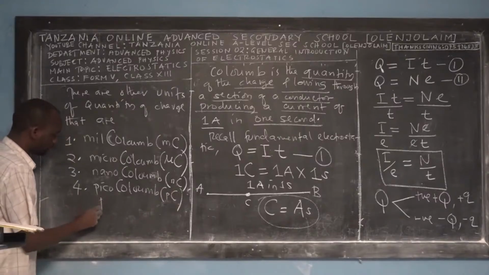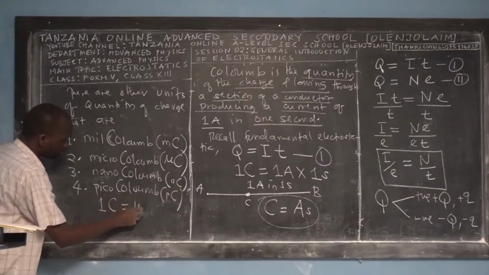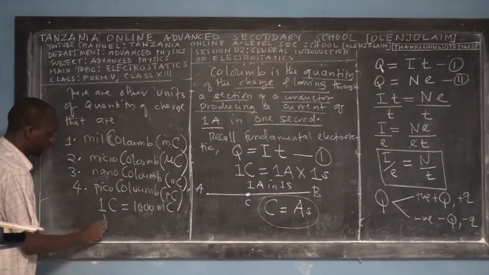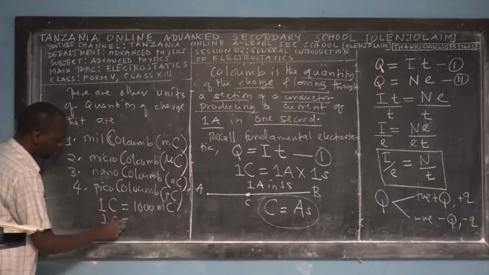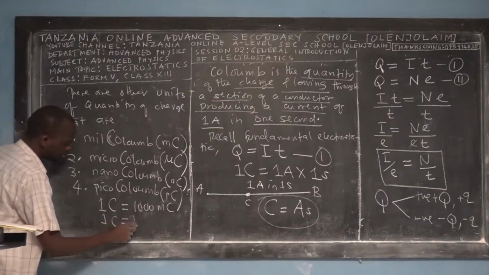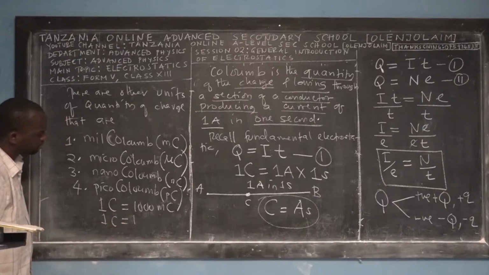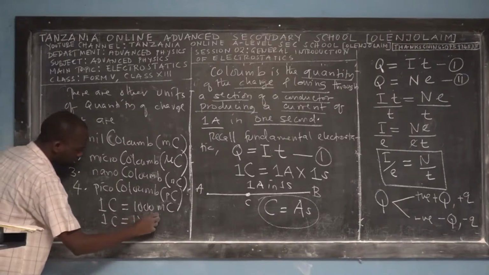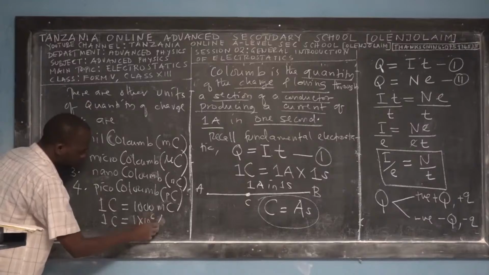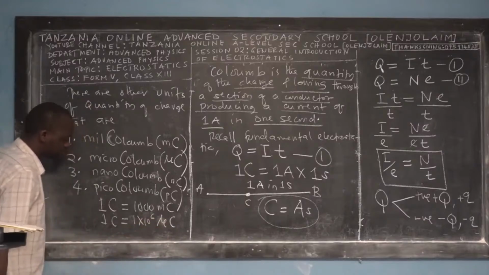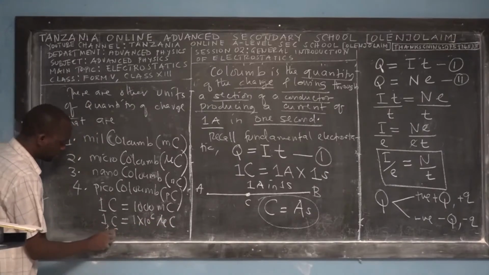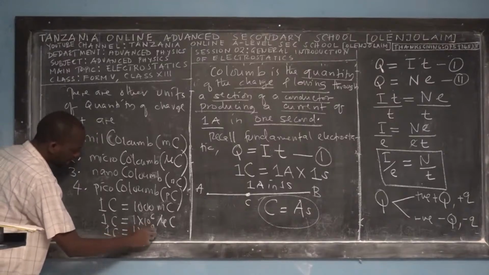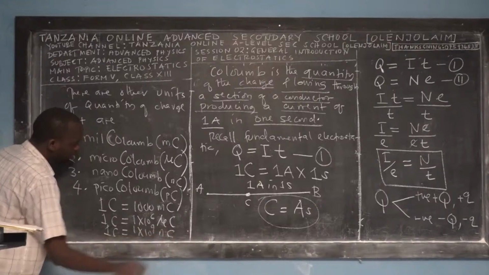So 1 coulomb is equal to 1,000 millicoulomb. And 1 coulomb is equal to 10 to the power 6 microcoulomb. 1 coulomb is equal to 10 to the power 9 nanocoulomb.